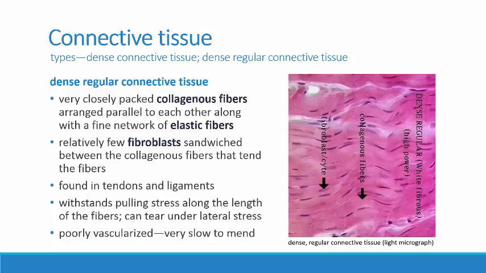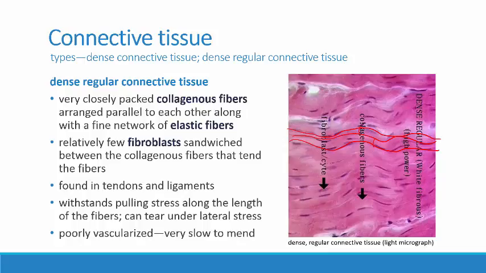But dense regular connective tissue consists of very closely packed collagenous fibers, but they're arranged parallel to each other. So notice here in this dense regular connective tissue, we see these wavy lines. Those are the collagenous fibers that are arranged there, and they're bound together by a network of elastic fibers.